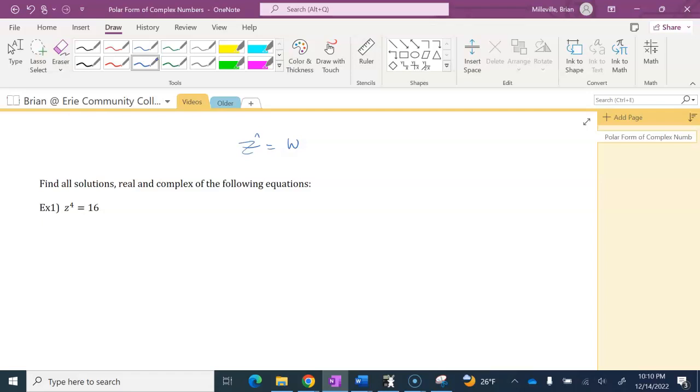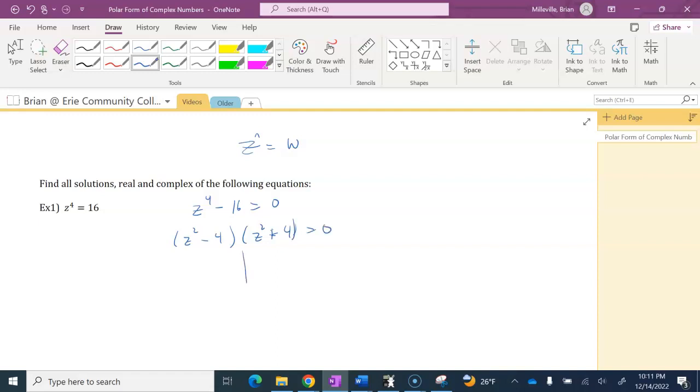All right, so let's start with an equation we can actually do without much work in terms of the polar form of complex numbers, which is this one, z to the fourth equals 16. If we subtract 16 from both sides, we would have z to the fourth minus 16 equals 0. We could use difference of squares factoring here to rewrite this as z squared minus 4 times z squared plus 4 equals 0.